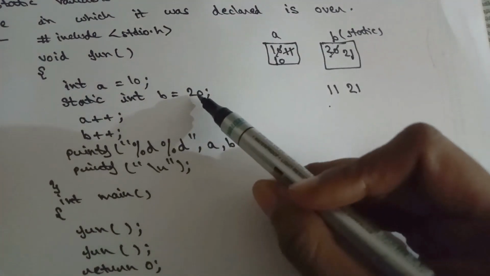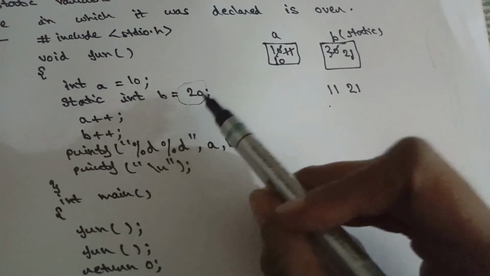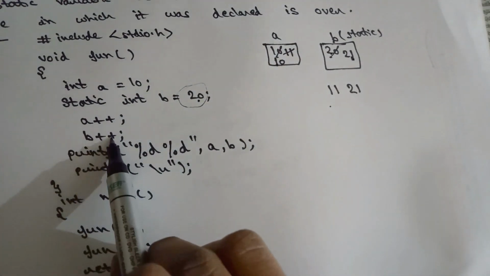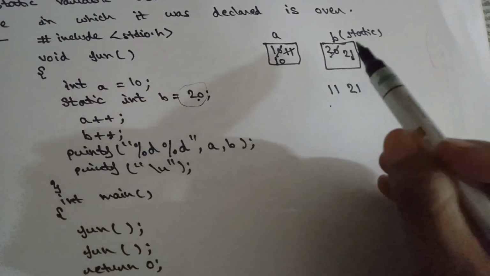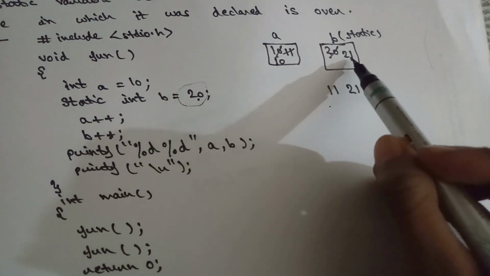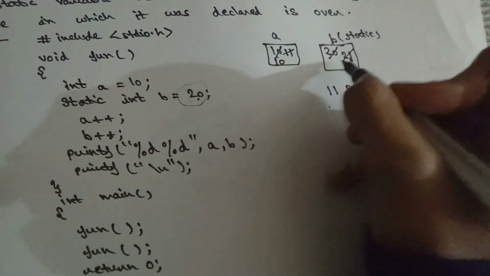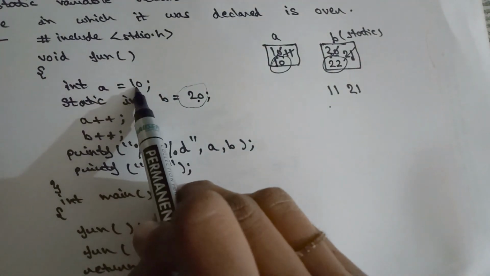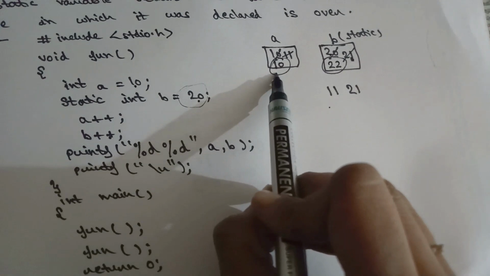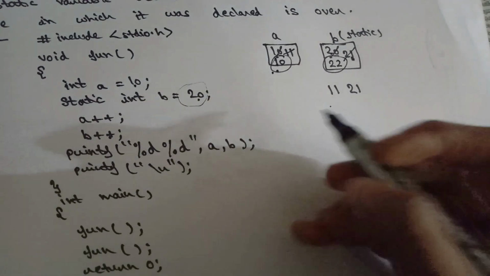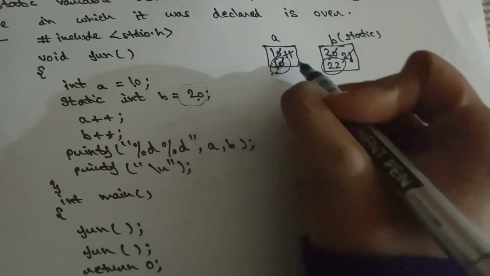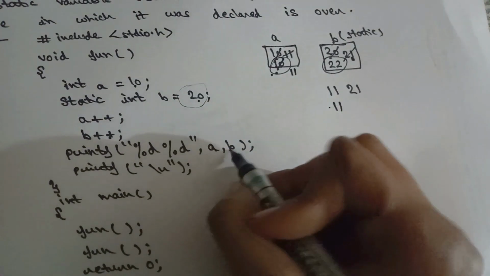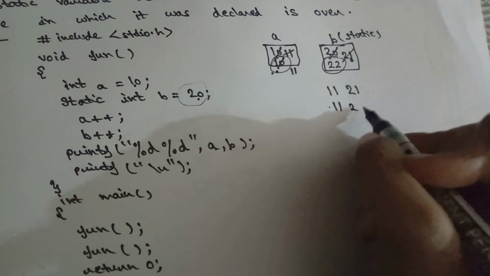Now when this fun function is called again, the B value is 21 in the memory. When this statement is executed, B++, the value for B will be incremented by 1 from 21. It will become 22. But for A, it was initialized again with a value 10. So now A is incremented by 1, so it is 11 now. 11 is printed for A, but for B, 22 is printed.